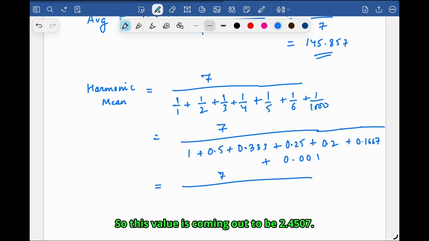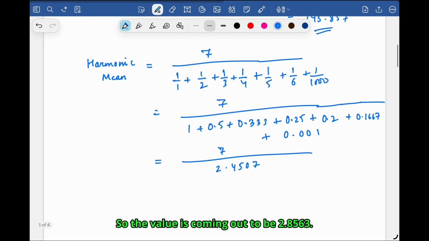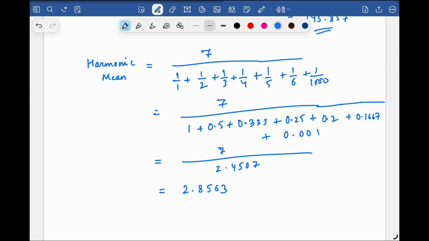So this value is coming out to be 2.4507. So I'll divide 7 by 2.4507, and the value is coming out to be 2.8563. Just do the calculation as well. So this is the harmonic mean.